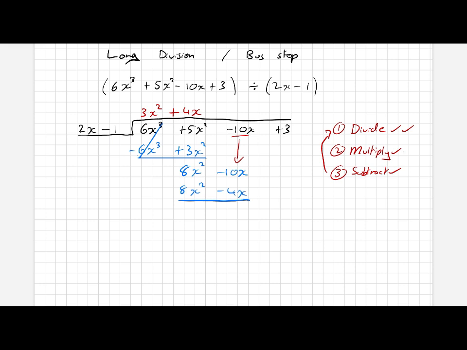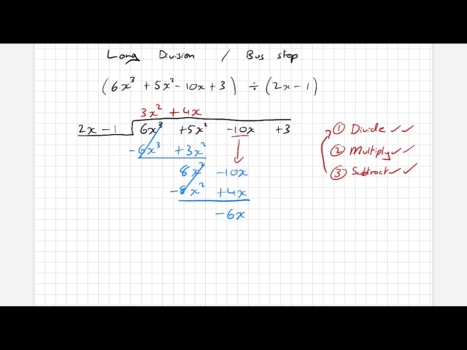So my multiplication is done. It's now on to subtraction. If I was to subtract positive 8x squared, it would just be like subtracting. But if I was to subtract negative 4x, it would be the same as adding 4x. So 8x squared subtract 8x squared gives me 0. Negative 10x plus 4x gives me negative 6x. And there is my subtraction step done.